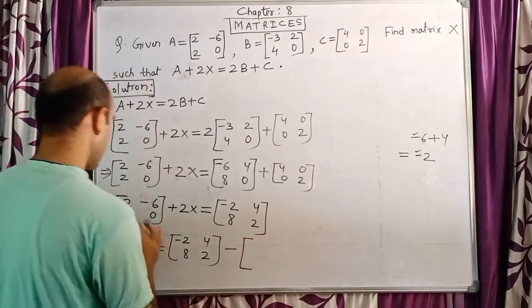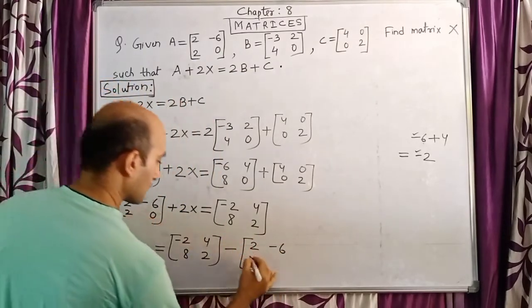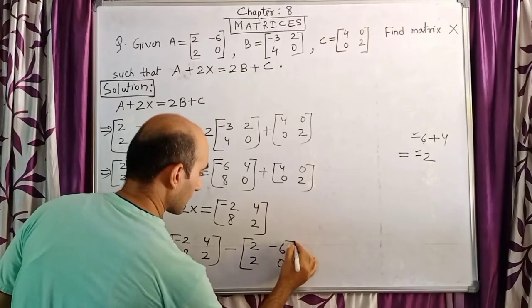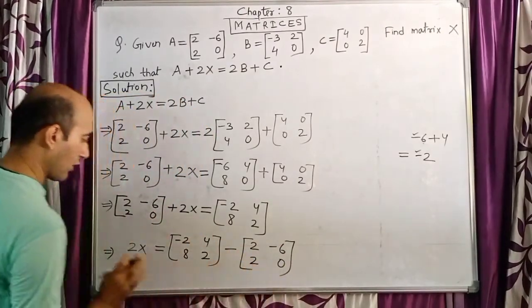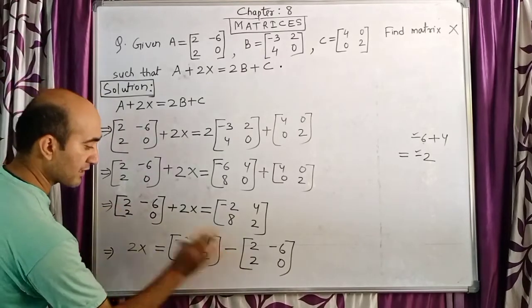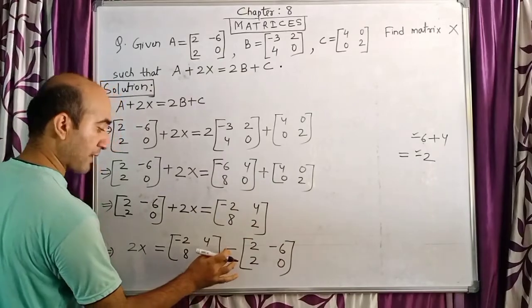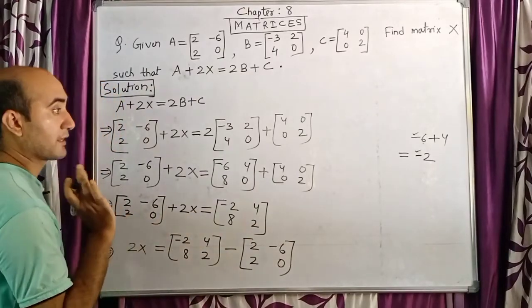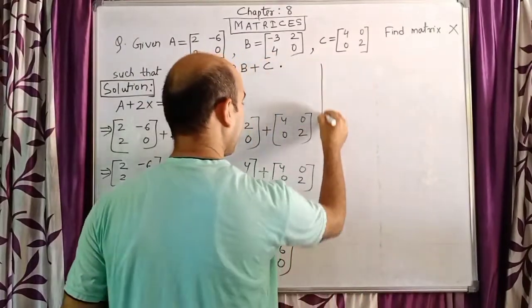So that is minus 2, minus 6, 2, 0. You can see the same thing I wrote here. Nothing got changed here. Only this plus part became minus here. Even this minus 6 is the same here. Only this minus came because it was plus here. Now this rough part I erase, and here I will make a line.